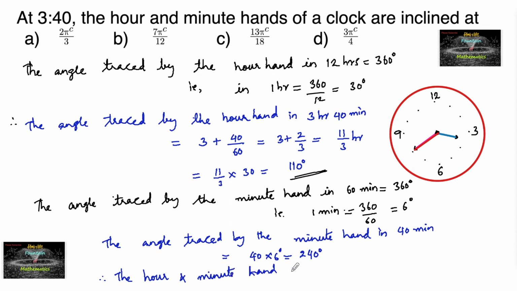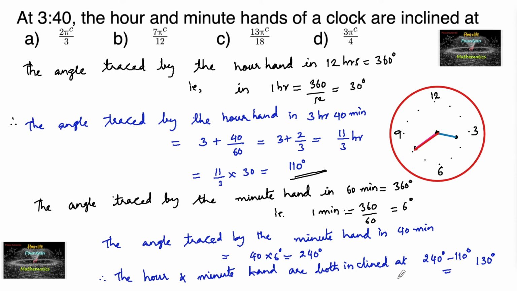Therefore both the hands are inclined at an angle. The difference of these two angles, that is 240 degrees minus 110 degrees, is 130 degrees.